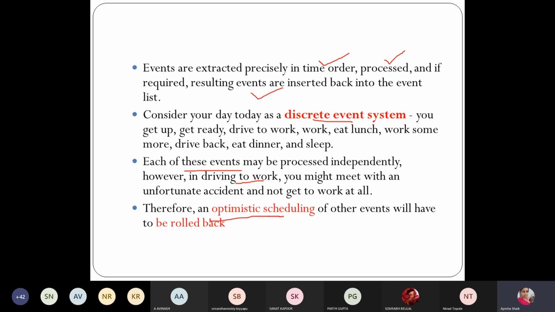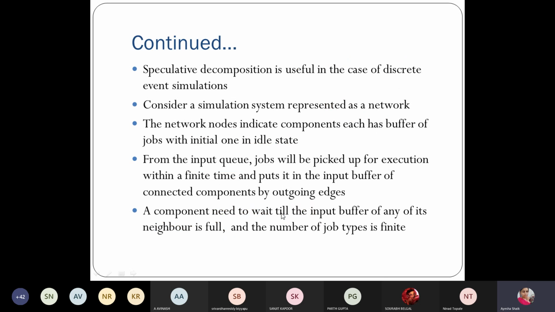Therefore, optimistic scheduling of other events has to be done well. We have a certain sequence, but we don't know when that sequence will be sent. So in such cases, we have to go for optimistic scheduling. This speculative decomposition will be helpful for such discrete event simulations.